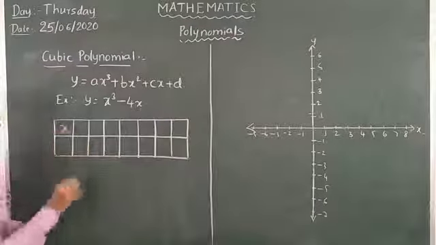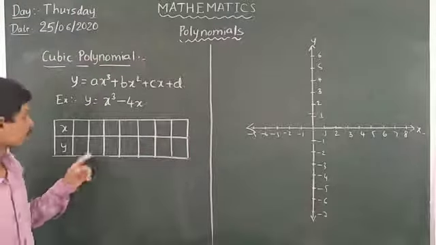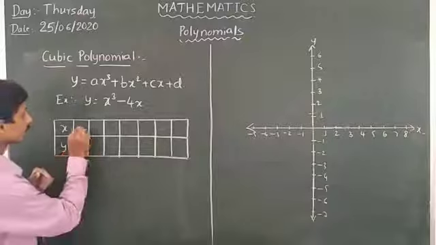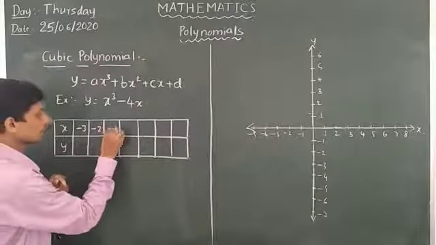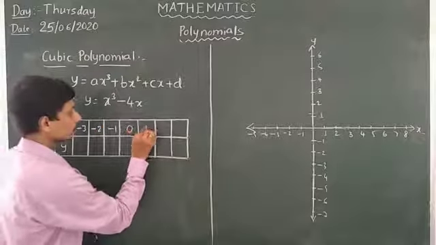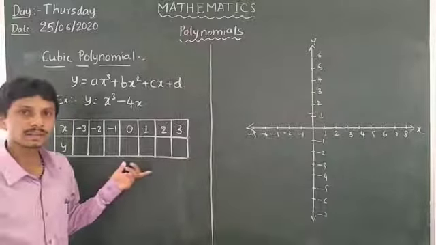So value of x and here we insert the value of y. So I can take here minus 3, minus 2, minus 1, 0, 1, 2 and 3. You can take any values.